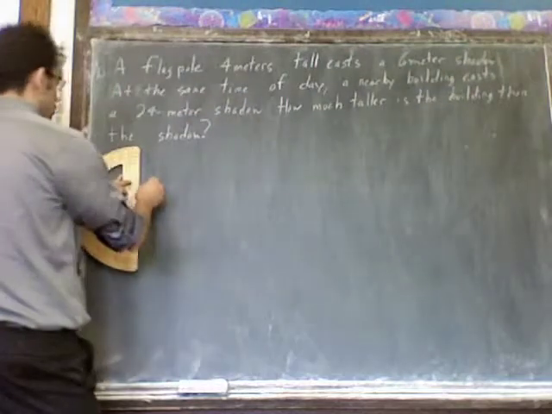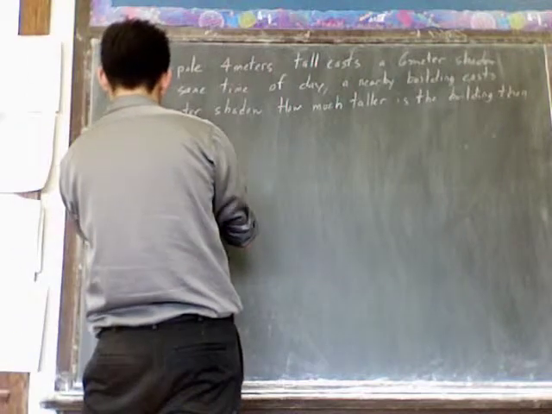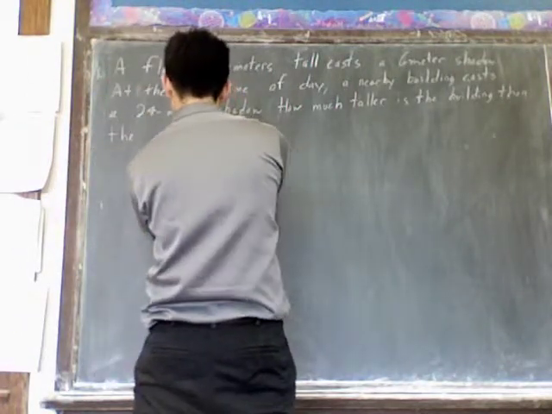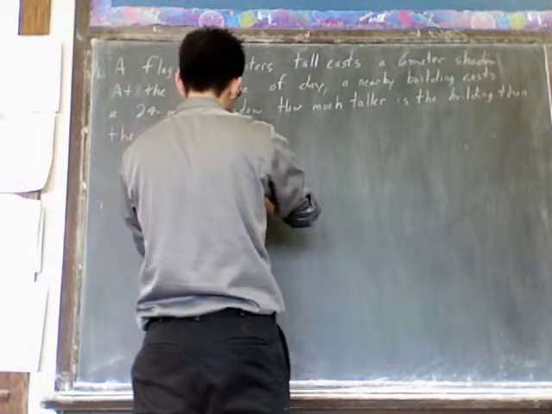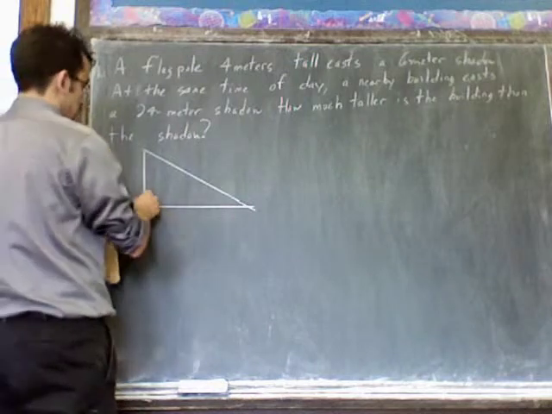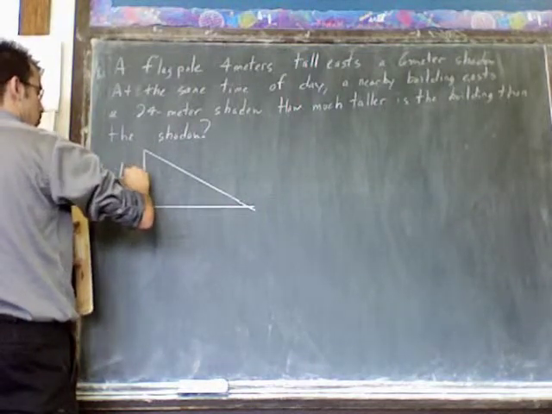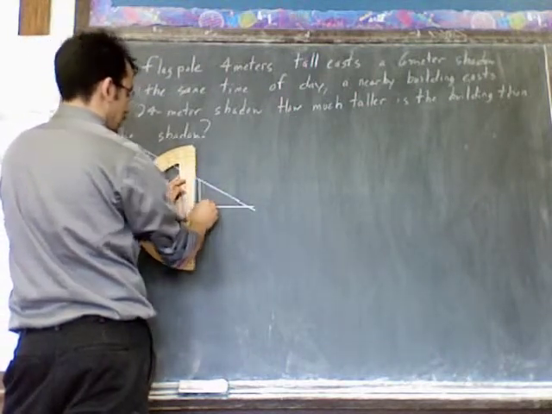There's two ways to draw this. You can draw this either as one triangle within another, the way that I like to draw it. So maybe this is my building, and then inside here, I've got my little tiny flagpole.